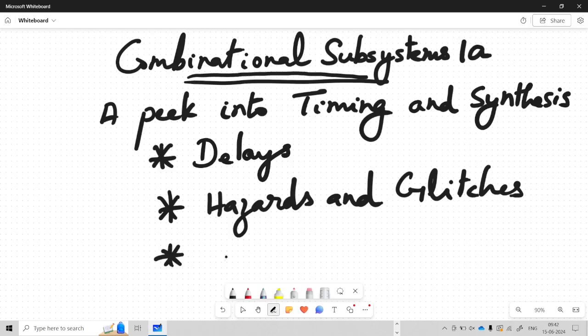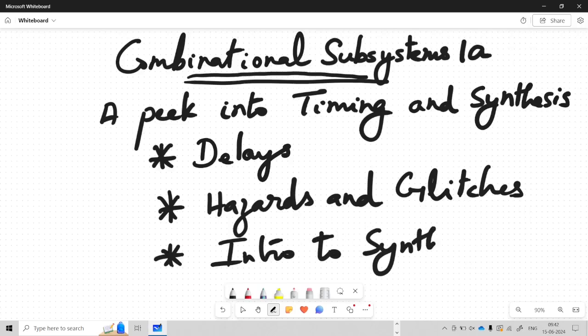And finally, we will briefly look at the synthesis aspect of a particular fragment of code.